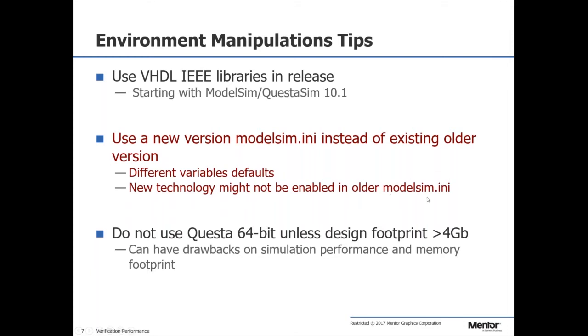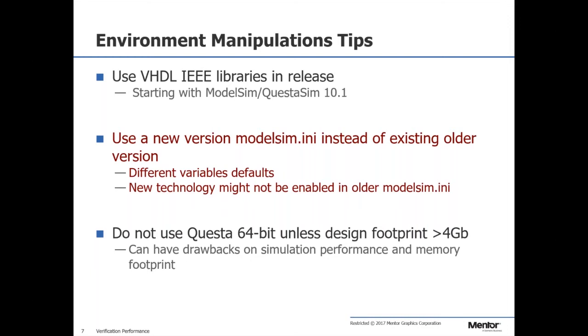Mostly what users use this INI file for is the library mappings. And so what I tell most people is the local INI in your project directory, you can take out everything in there other than the library mappings, and then anything else that you might want to update.